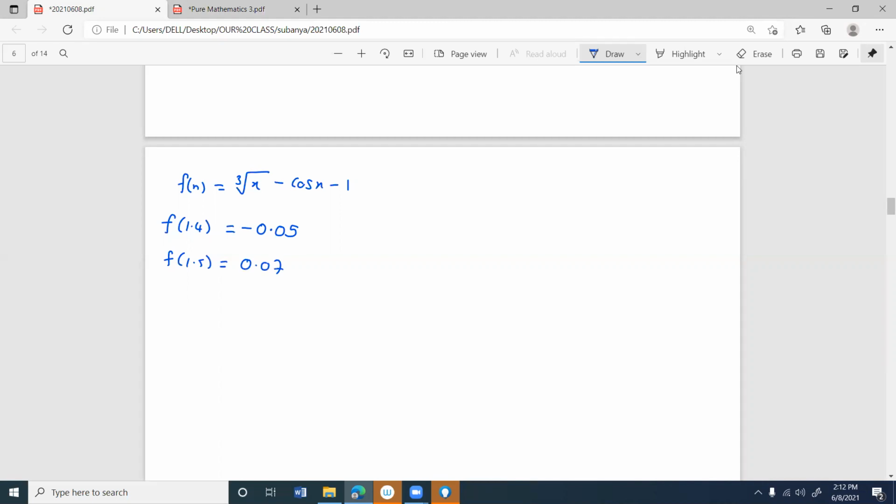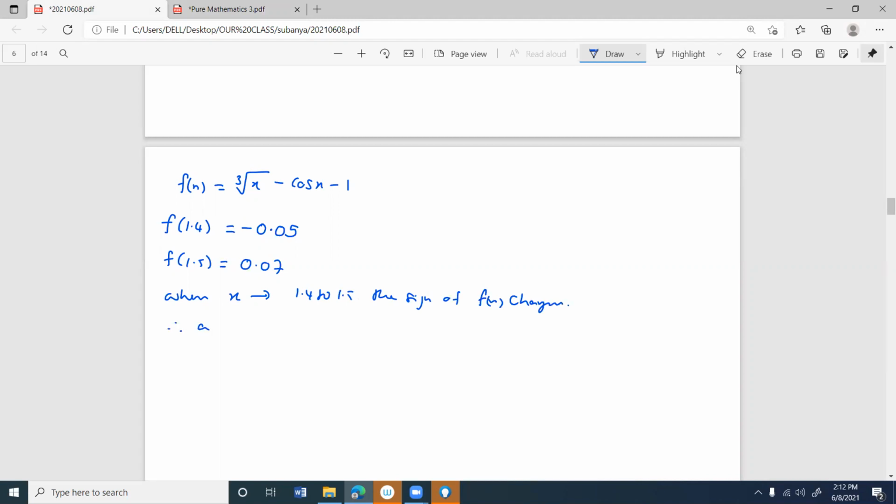we get 0.07. Then you can say when x goes from 1.4 to 1.5, the sign of f(x) changes.